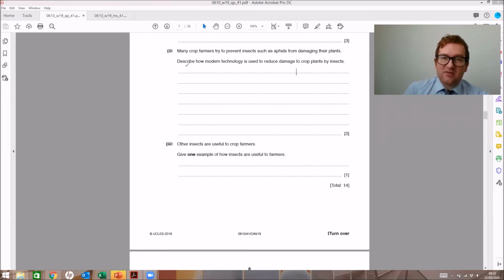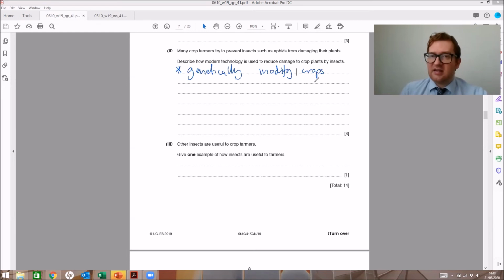So generally, modern technology refers to the idea of genetic modification. So you could genetically modify crops, and you can genetically modify them to produce a natural insecticide.